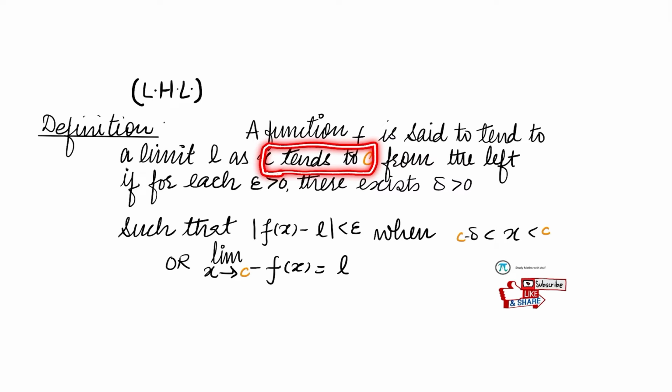Please keep in mind x may not be defined at c, from the left if, for each epsilon positive, so each means we have to pick the value of epsilon on our own, then there exists delta positive such that, by the definition, x lies between c minus delta and c.